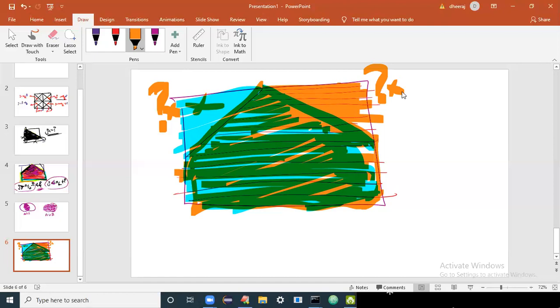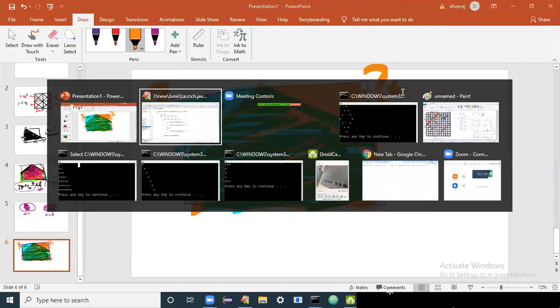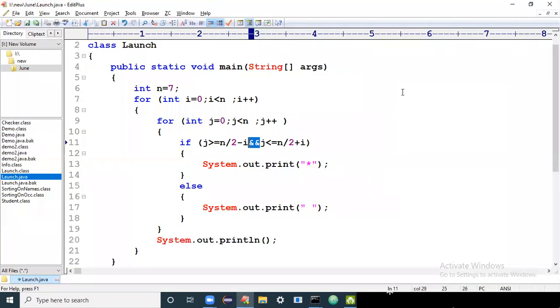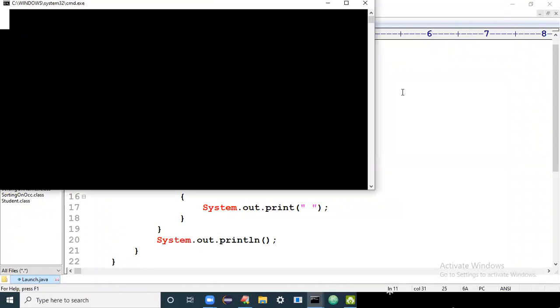Instead of and, imagine that you used the or operator. Or means union. Union means if the color has gone at least once, it will print that. If I tell union, can you see colors everywhere throughout the square? I'll get a normal square pattern. Why?